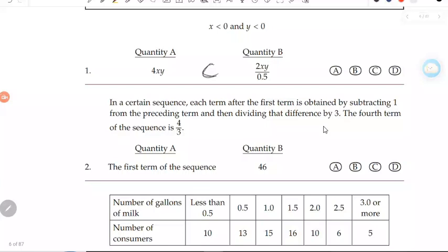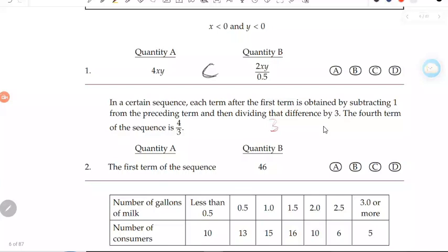That means we need to multiply first by 3, then subtract 1. 4 over 3 times 3 is 4. 4 minus 1 is 3. So the third term is 3.